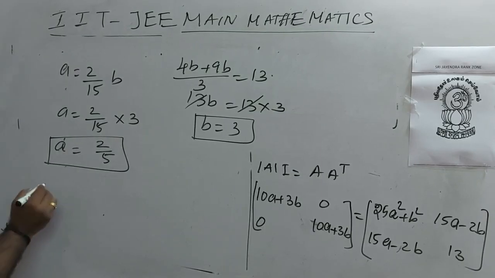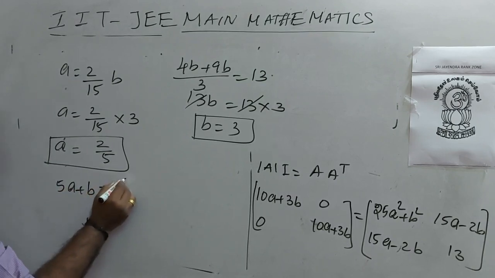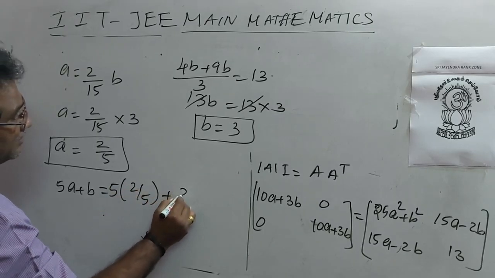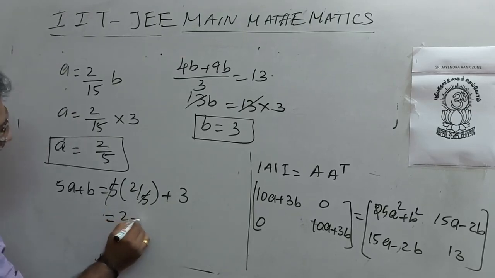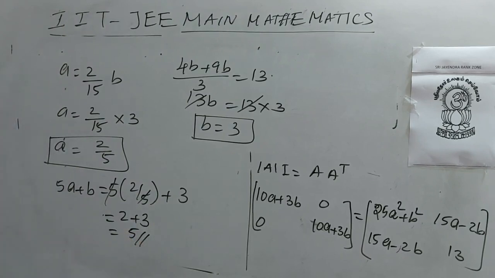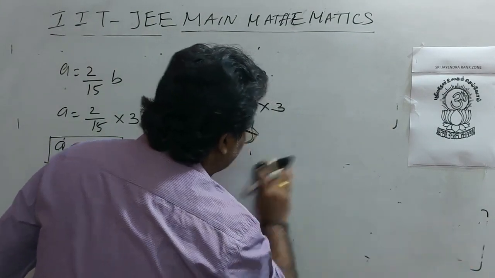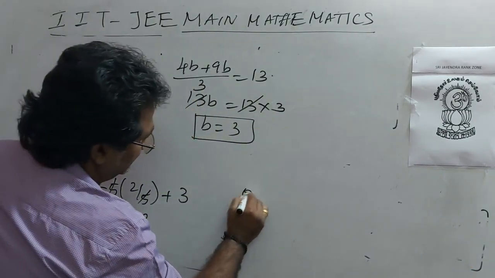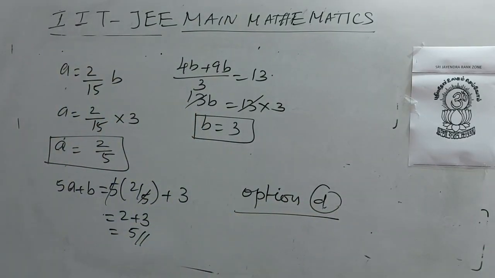We have to find 5a plus b. 5 into 2 by 5 plus 3. This will be cancelled. We have 2 plus 3, which is equal to 5. So option D is the answer.